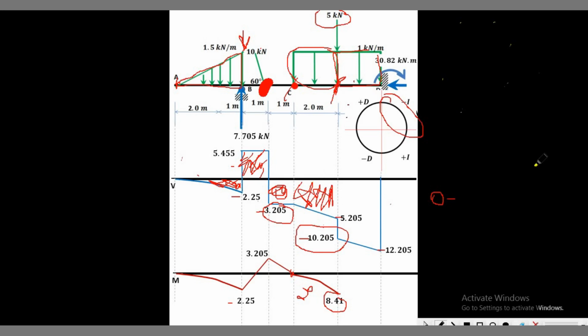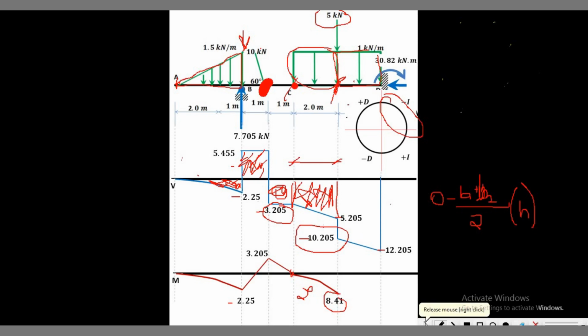The area of the trapezoid is base 1 plus base 2, divide it by 2 multiplied by height. So, my base 1 is 3.205 plus my base 2 is 5.205. The height, ito yung magiging height ko, si 2. Doon ko nakuha si 8.41.